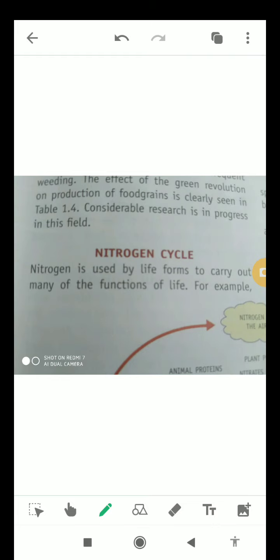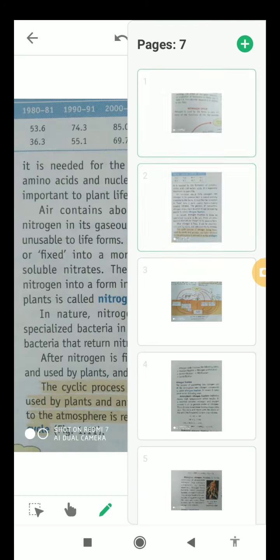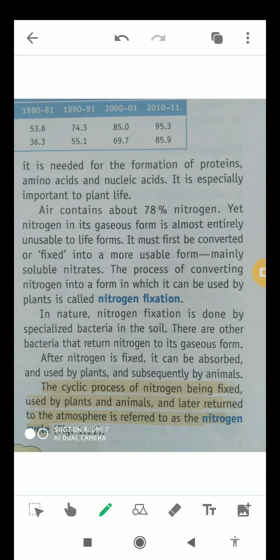Okay, students. Nitrogen is a gas, as we all know, which is present by 78% in our atmosphere, and it is used by life forms to carry out many of the functions of life. For example, it is needed for the formation of proteins, first of all.